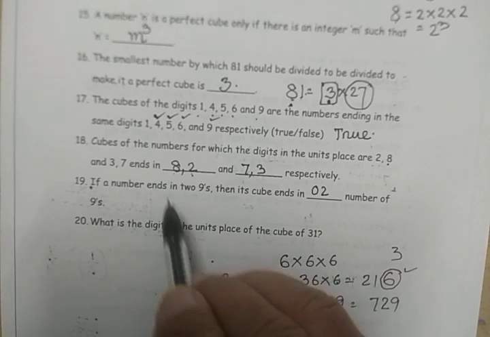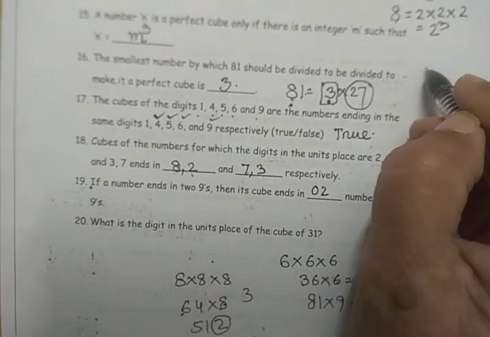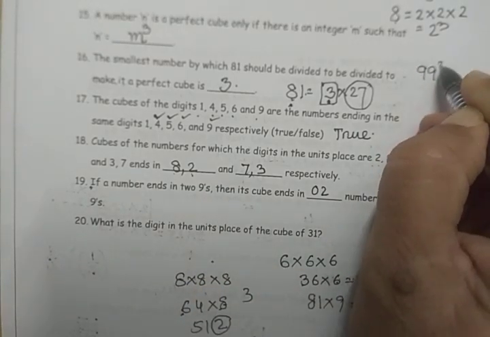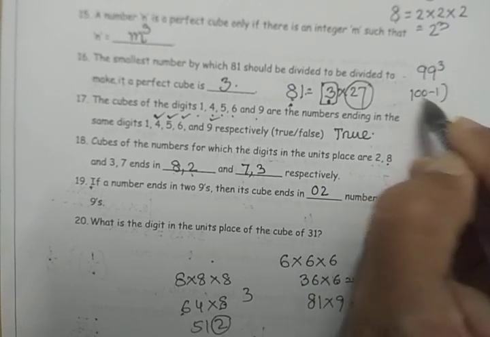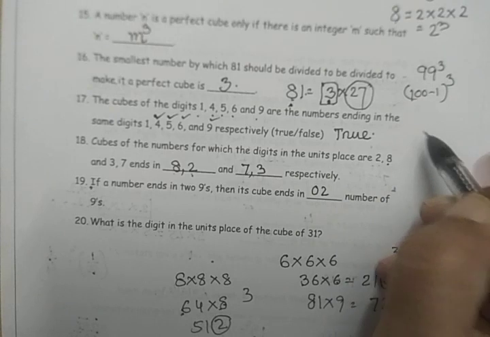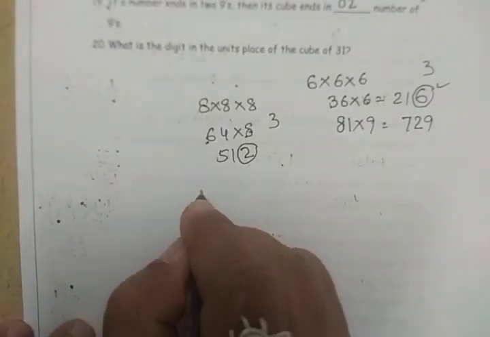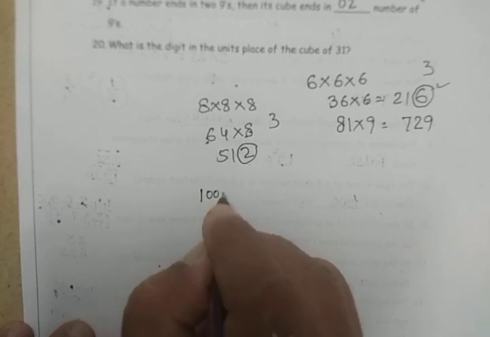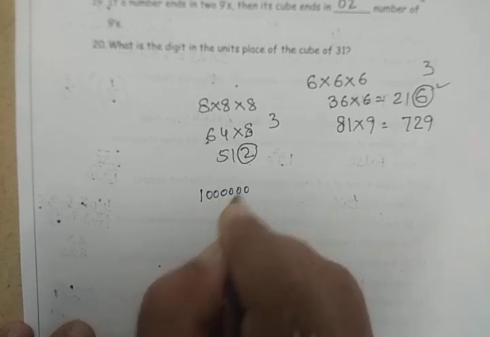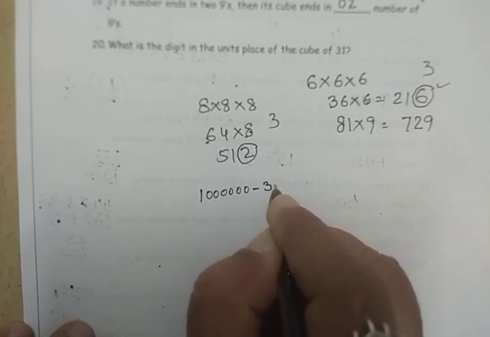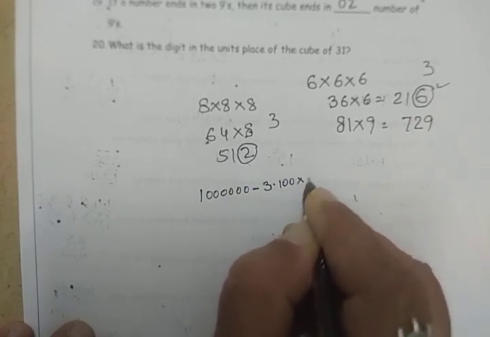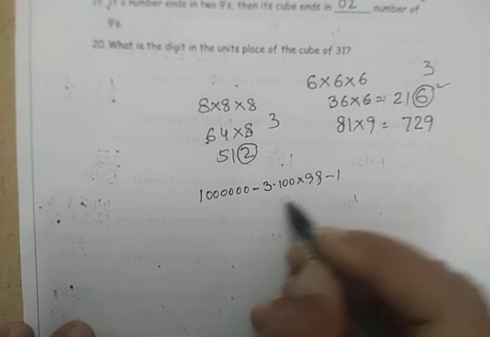If a number ends in 2 nines, that means 99 cube. 99 cube means you can write (100 minus 1) cube. (100 minus 1) cube means 100 cube minus 3 into 100 into 99 minus 1.